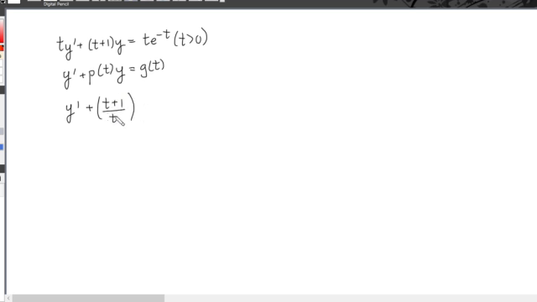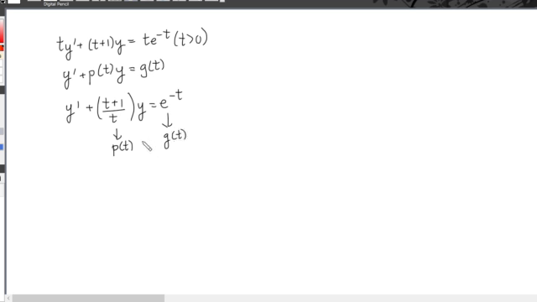You can simplify it, but as you'll see later, there's no need to simplify it, and it's actually easier not to. And then the right side is e to the power of negative t. So now we see that this fits into the form, so this is p of t, and this is g of t.